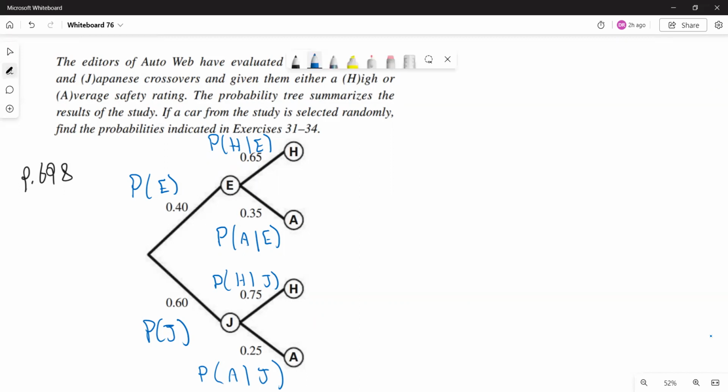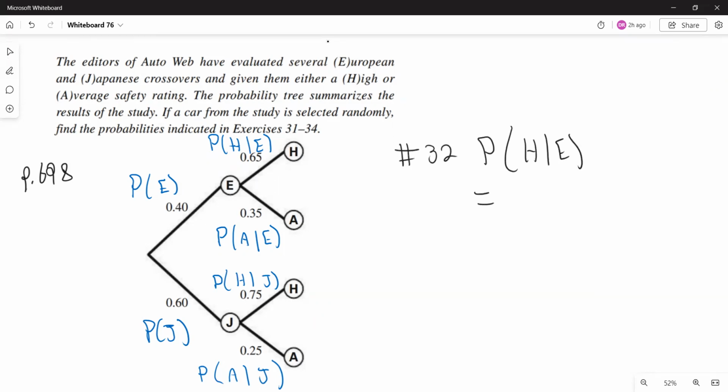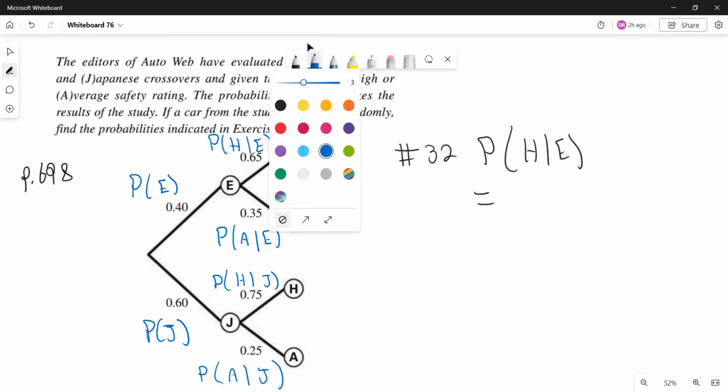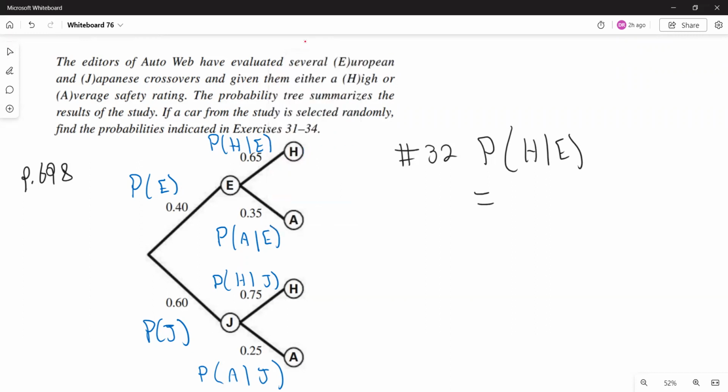So on 32, they ask you for the probability of H given E: the probability that the car has a high safety rating given that the car is European. You can see it from the tree that the probability is 0.65.